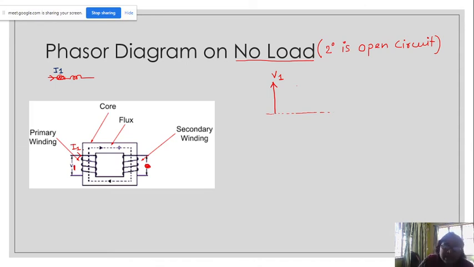So this current I1 has a very small magnitude, and also a small angle, less than 90 degree. Am I able to make you understand what I want to say?